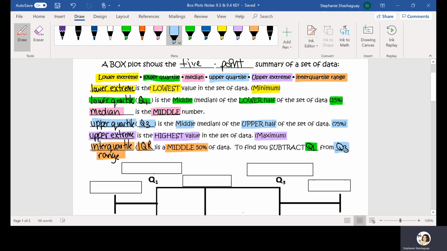So first we have our lower extreme, our minimum, okay? Lower extreme, minimum. Then we have our lower quartile, our Q1.